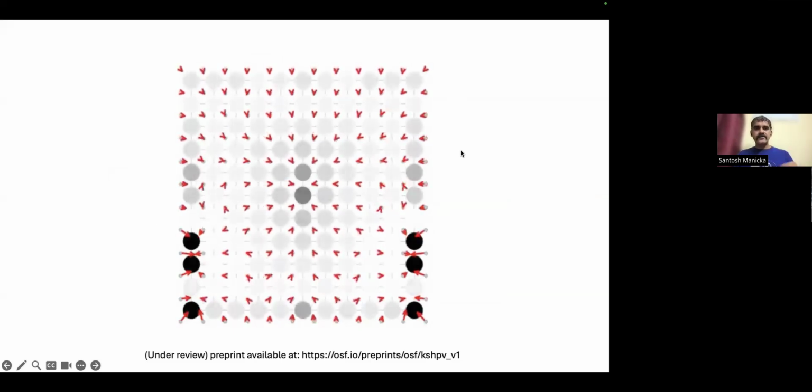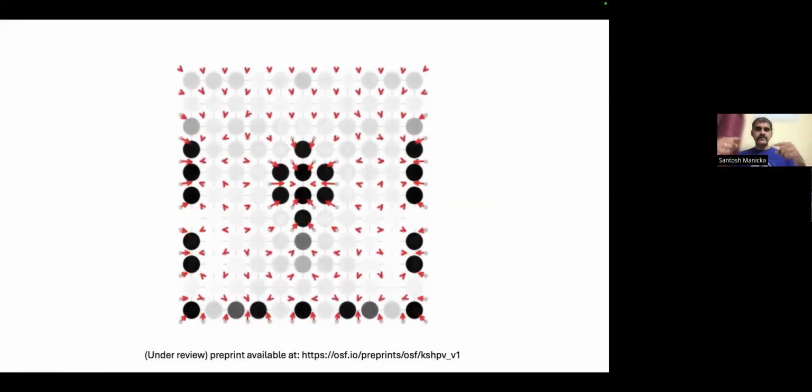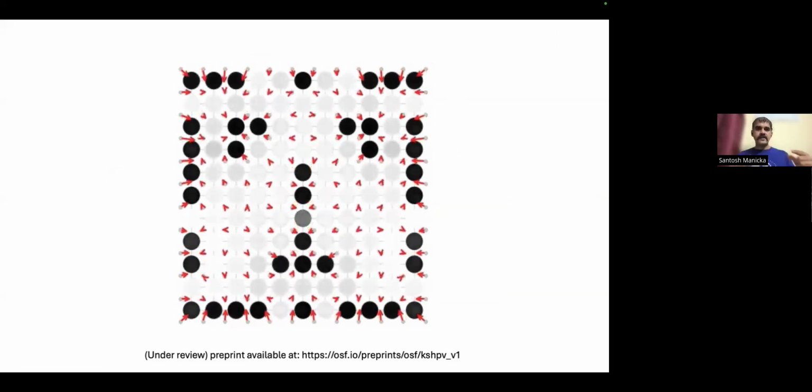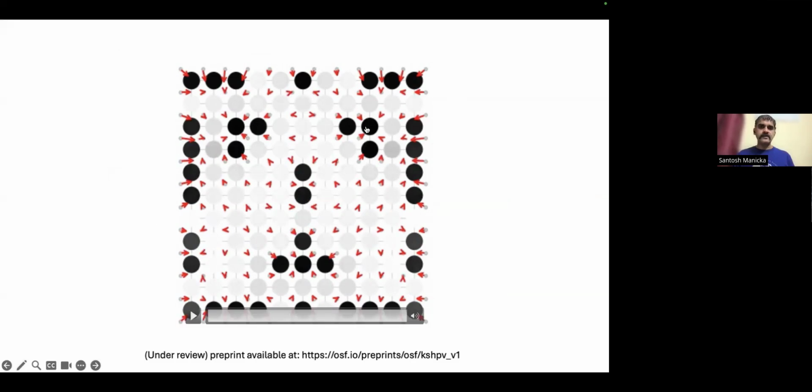The red arrows represent electric field force vectors around the cells. And you see that the tissue basically sculpts itself into a face pattern. It shows the eyes and the nose and the mouth. Of course, it's not perfect, but you can sort of see the face pattern that emerged from this.